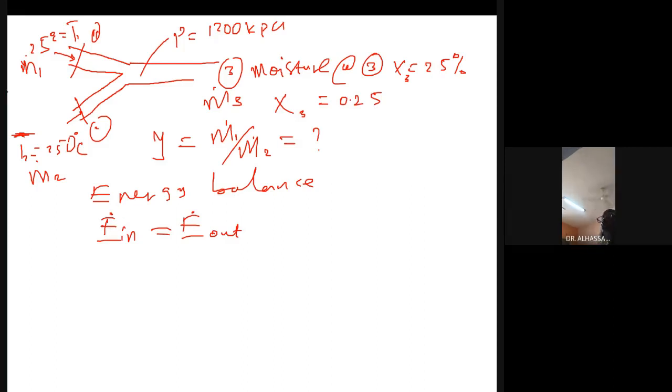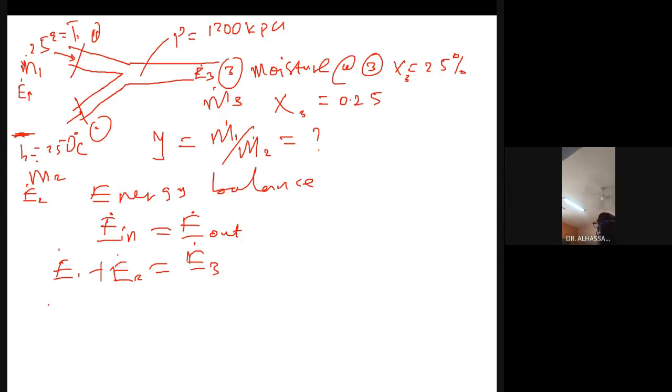So if we say the energy of the fluid here is E1, and the energy of the flowing fluid over here is E2, and similarly over here we have E3, the total energy going in gives me E1 plus E2 equal to E3.